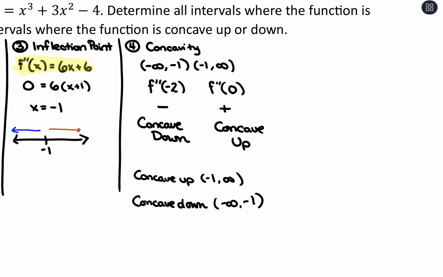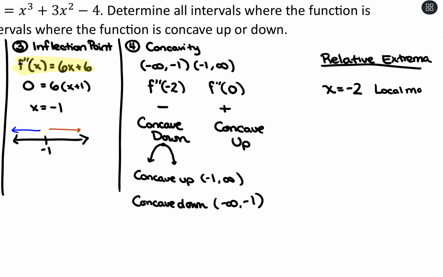Now let's talk about our relative extrema. So at x equals -2, that was one of our critical points, we are concave down, which means we have this general shape, which means if that's a critical point, that's occurring right at the peak there. So that is going to be a local max.